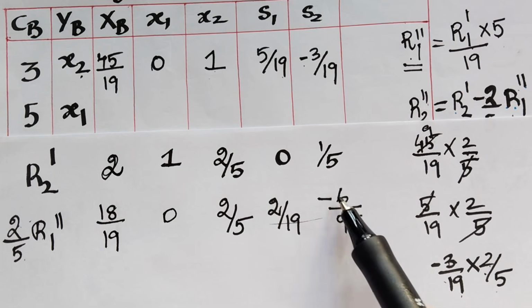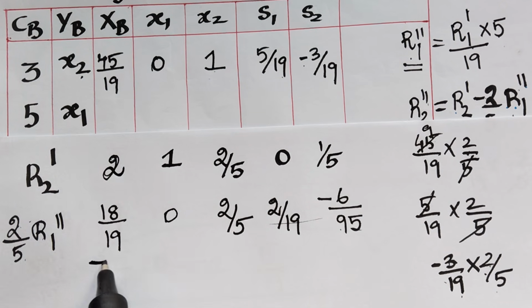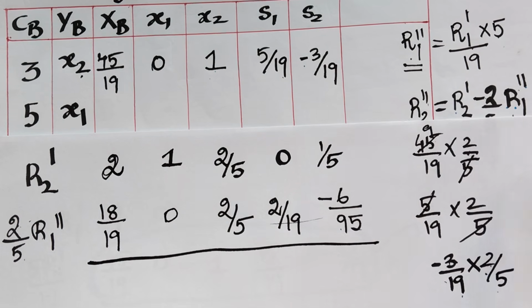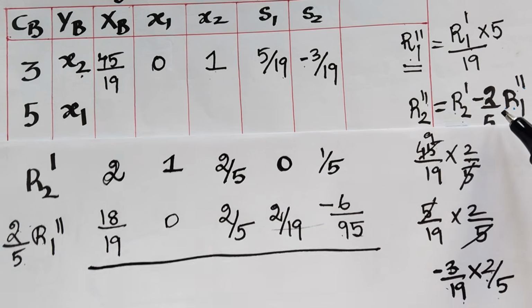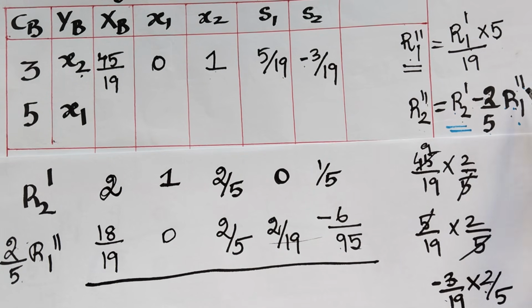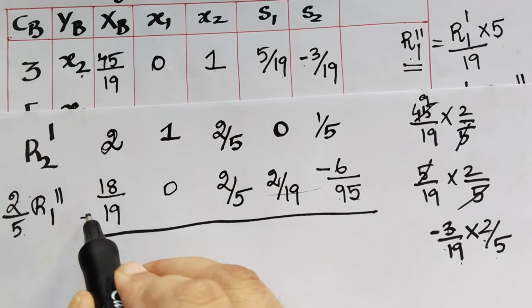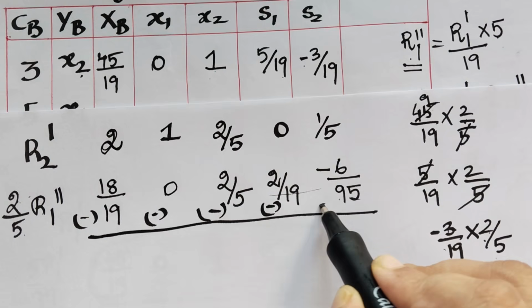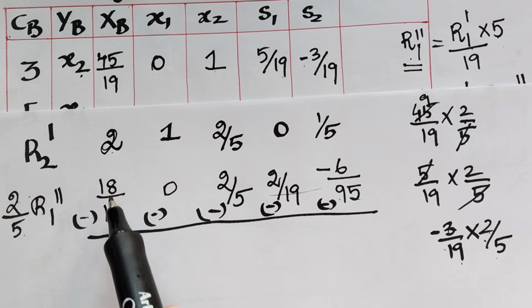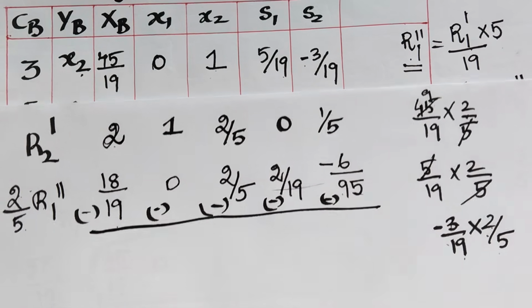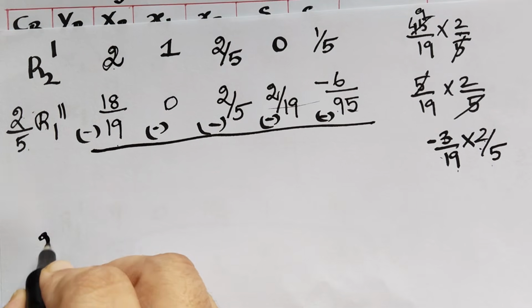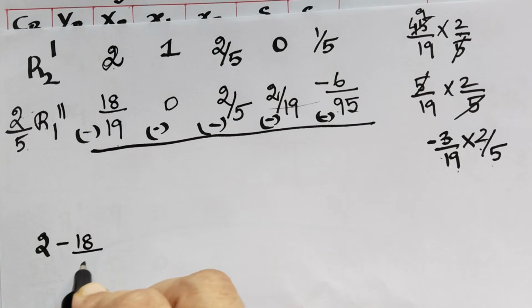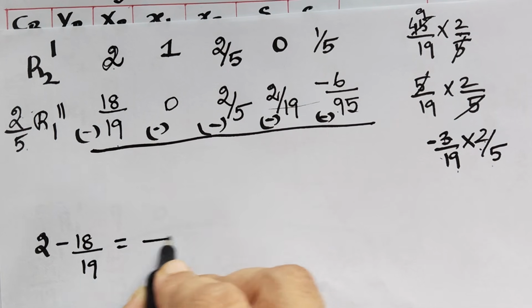So minus 6 by 95. Now this is over. Now after this, what we have here, R2 dash minus 2 by 5 R1 double dash. So we have to subtract each of the values now. Now 2 minus 18 by 19. What will it be? 2 minus 18 by 19. So 19 is the LCM.